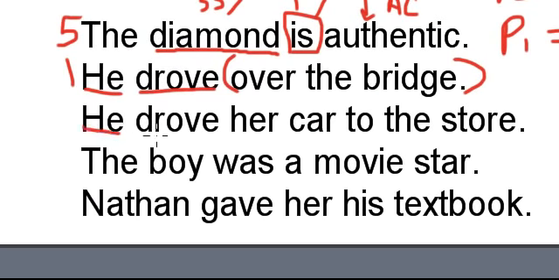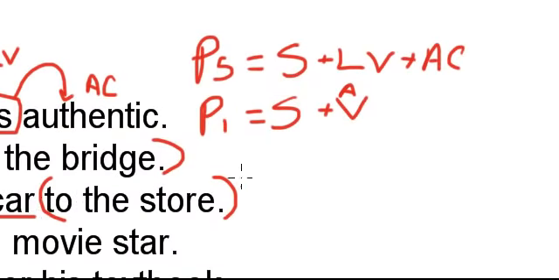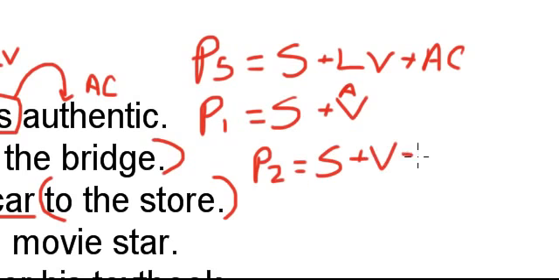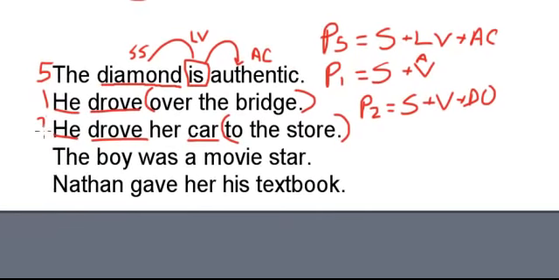He drove what? Car. And we have a prepositional phrase. I can remove that. He drove car, so I'm dealing with P2. Subject plus verb plus DO. Pattern number 2.